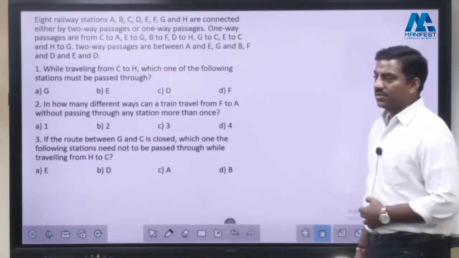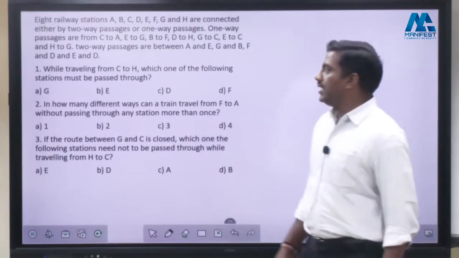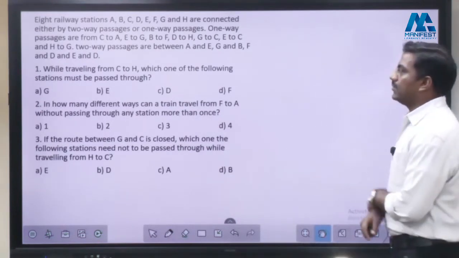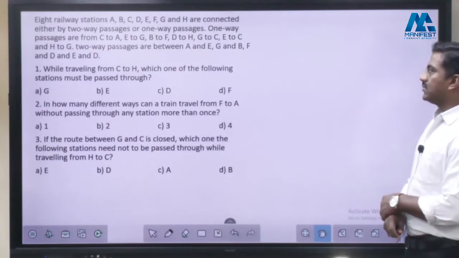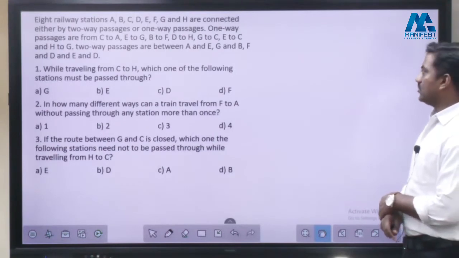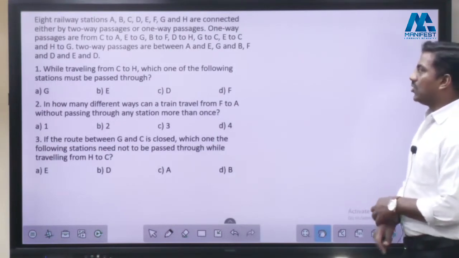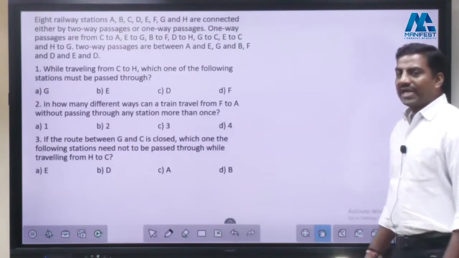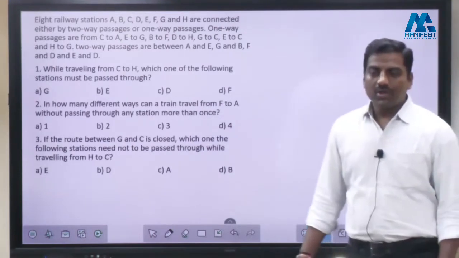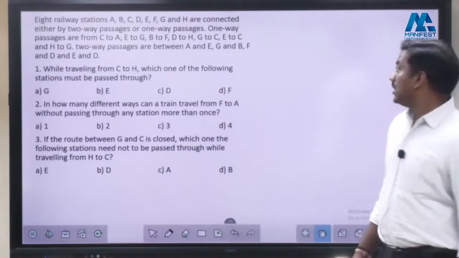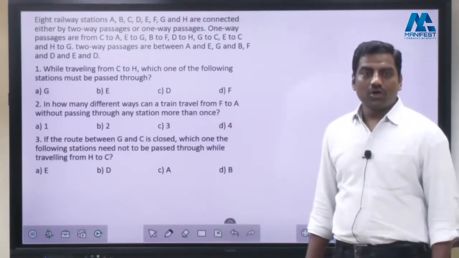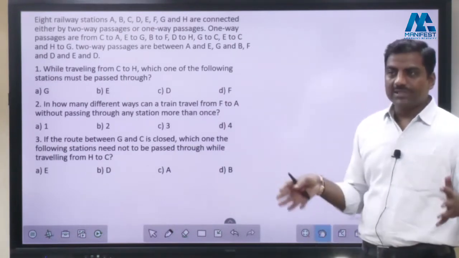8 railway stations, A, B, C, D, E, F, G, H are connected either by two-way passages or one-way passages. So let us write these down. Don't write randomly in such cases, because A, B, C, D, E, F, G, H are connected to each other in one way or the other. So have proper space between them.